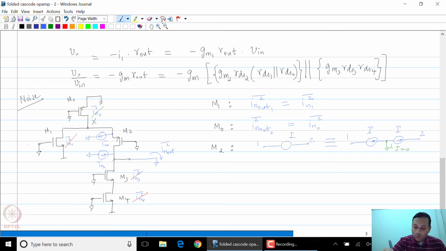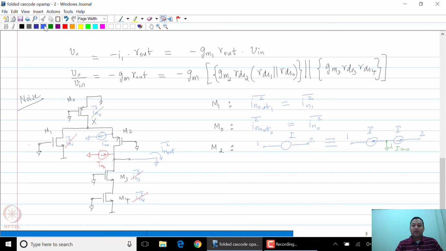So now let me use two different colors to distinguish between these two guys. So let me use red and blue. If you look at noise current IN2, I expect that to behave exactly the same as noise current of M0 and M1. I expect all of that current to go through M2 into the output short circuit.